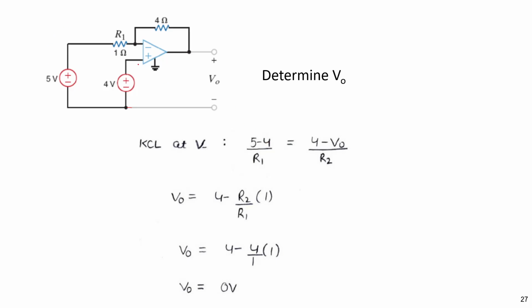5 minus this is 4 volt, so this is 4 volt also, right? So this is the current flow here. 5 minus 4 divided by R1. So 5 minus 4 divided by 1 equals 4 minus V out divided by 4, right?